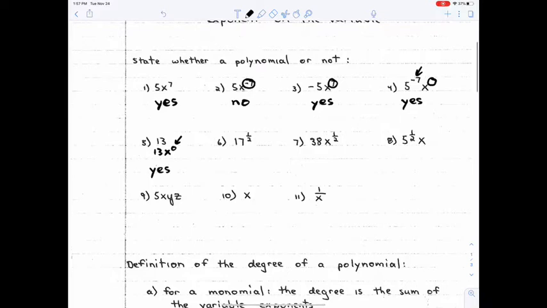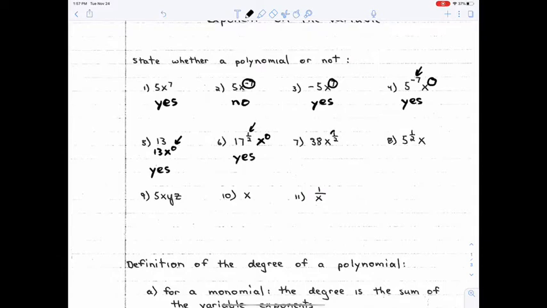Number 6 is the same as number 5. It could be x or y; it doesn't matter what the variable is, it's any variable to the 0 power. It doesn't matter that this thing is a fraction, because that's not on the variable. So this is also a polynomial.